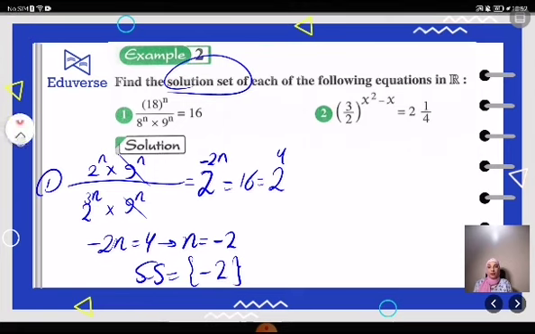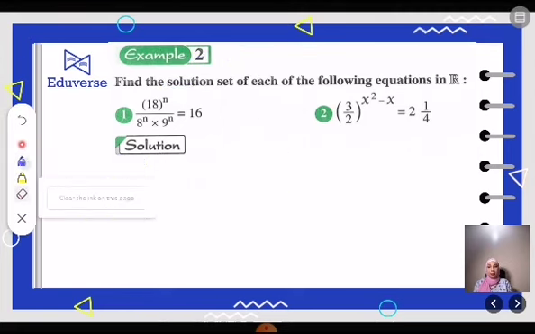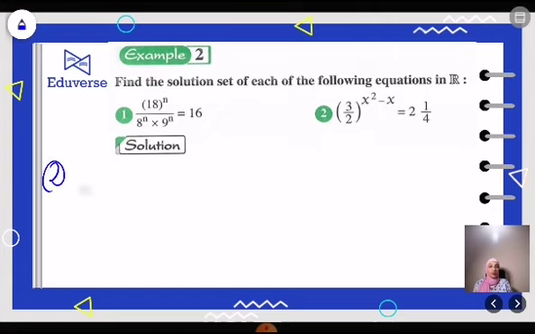Let's see another one here. Number 2. 3 over 2 all to the power x squared minus x equals 2 and 1 quarter. As I told you before, they don't have anything related here, so I have to make this mixed number an improper fraction.